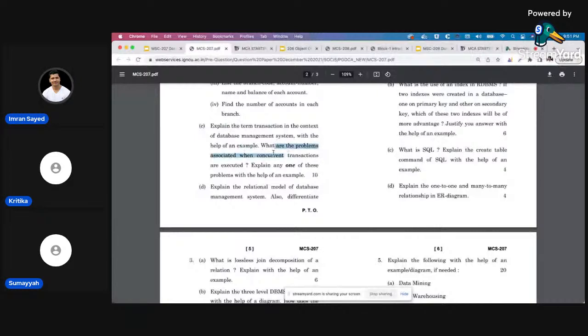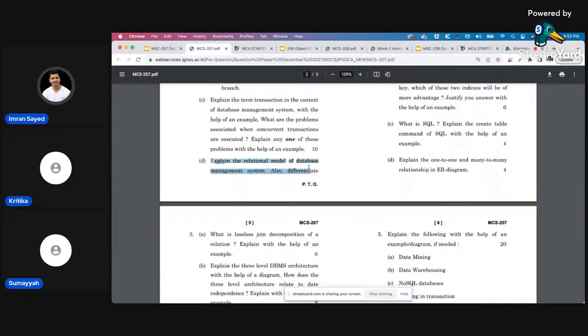It tells you about what are problems associated with concurrent transactions. In one line, you can explain what is concurrent transaction and then give those types, which is lost updates, inconsistent analysis, dirty read, and unrepeatable read, and just give an example of at least one of them because it's saying give me one example at least.